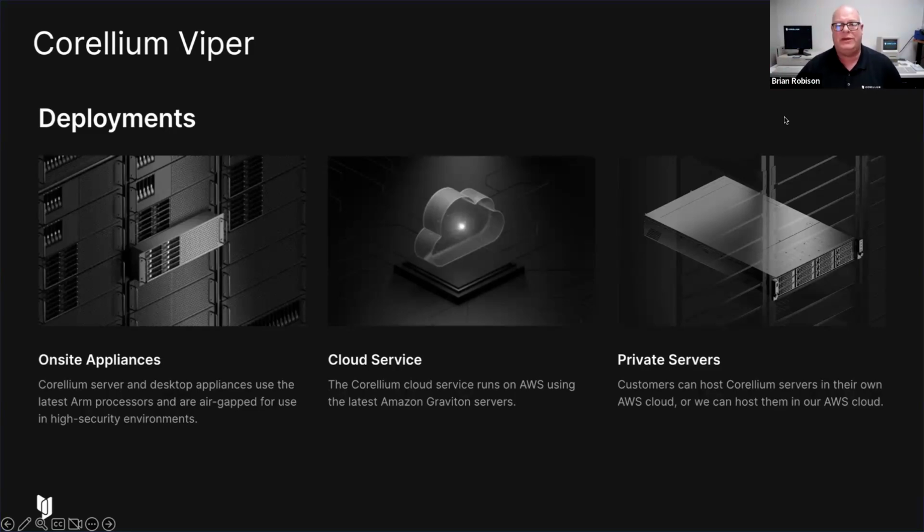Let's say your apps need to run and connect to a QA network or a staging development network running within your private cloud. It's very possible to deploy that into your private cloud with Viper.